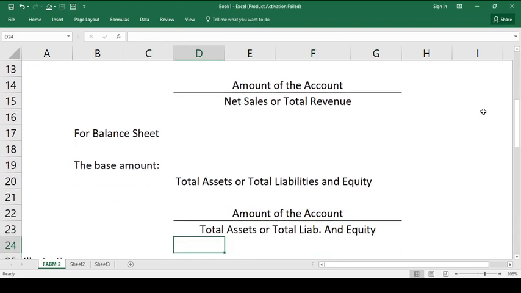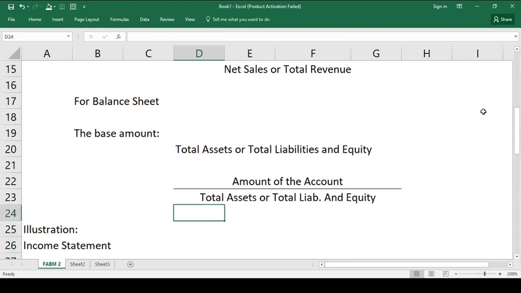For the balance sheet, the base amount is the total assets or the total liabilities and equity. Bakit po or total liabilities and equity? Take note that the total assets is equal to the sum of the liabilities and equity. Kaya whether you use the total assets or the total liabilities and equity, the amounts are the same.